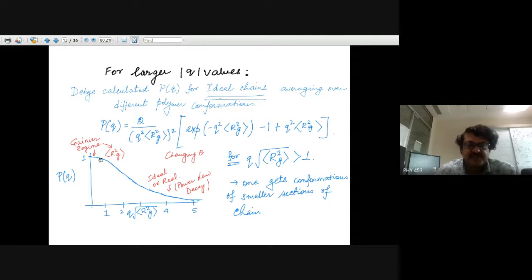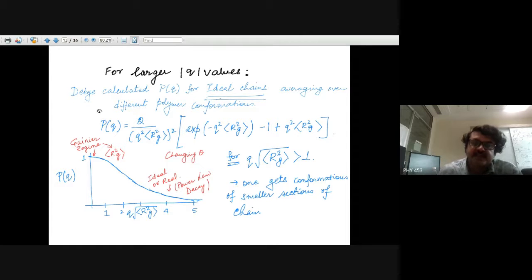In this region, you can get an estimate of r squared g. If the expression of P(Q) fits at larger Q, since you've got r square g already from small q values, and if the rest follows, then you know that you have an ideal chain.